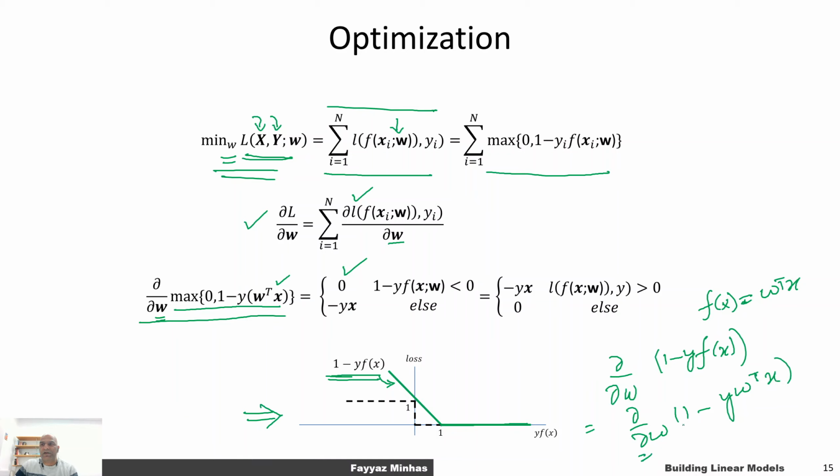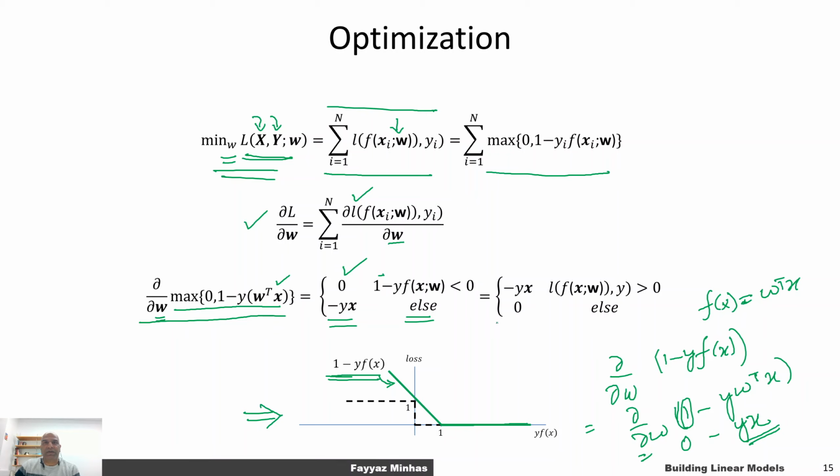If you take the derivative of this, the first part, the 1, is a constant, so its derivative is going to be 0, and then we get the derivative of the second part, which is y times x. W goes out, just like when you take a derivative with respect to a scalar variable, it would just vanish. So the gradient of this loss function in this case is going to be minus y times x.